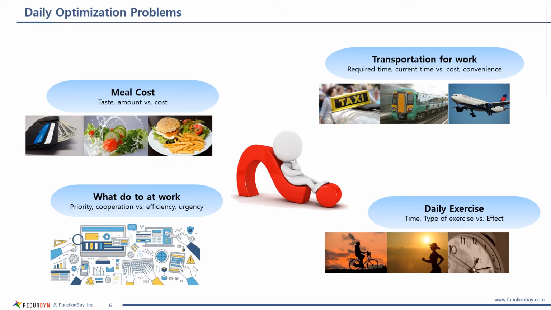If we have plenty of money, then cost can become a design variable. We can choose the cost to meet our taste or size of the meal portions. If we don't have enough money, cost can become a constraint or an objective. For example, when you look at the menu, the cost of the meal must be lower than $10. CAE optimization is no different than this kind of daily optimization.